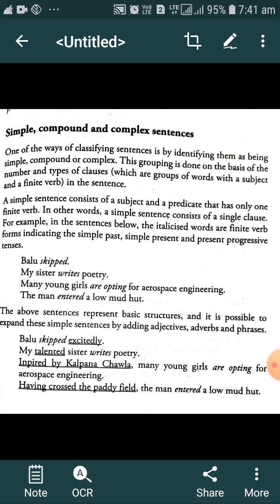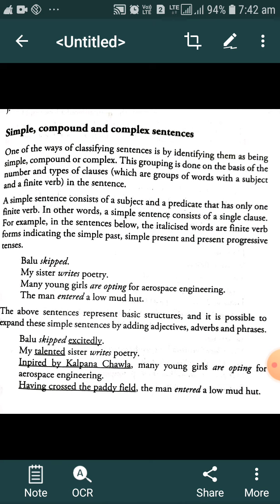So we have to keep in mind we can change only the form of the finite verb. Opt is a finite verb, and inspired is an infinite verb, and we have created that phrase with the help of the infinite verb. In a nutshell, we can't change the form of an infinite verb. We can change the form of a finite verb.